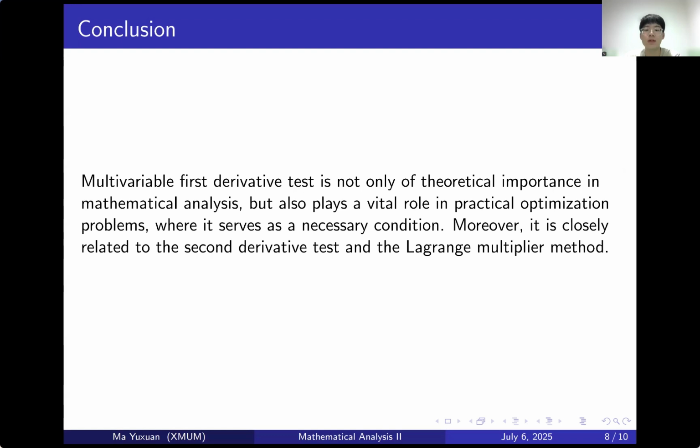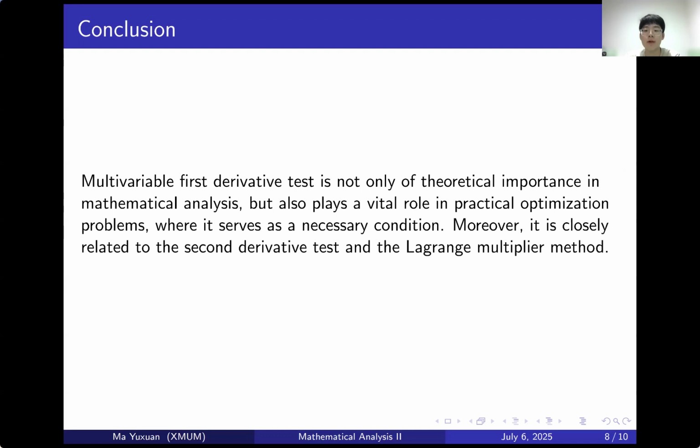Once these critical points are identified, further criteria such as the second derivative test can be applied to distinguish between maxima, minima, or saddle points. If there are certain constraints, for example, the variables must satisfy a given equation, the same idea can be continued via Lagrange multipliers.